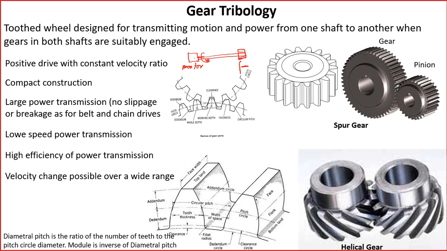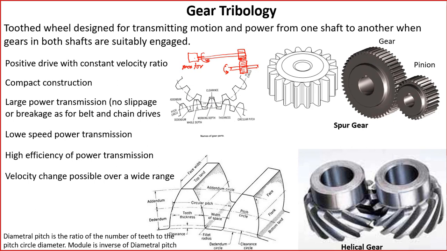and here we will have another gear, so driving gear and driven gear, also known as gear and pinion. They will be totally engaged, and this shaft will now rotate. So this is the principle of power transmission in gears.